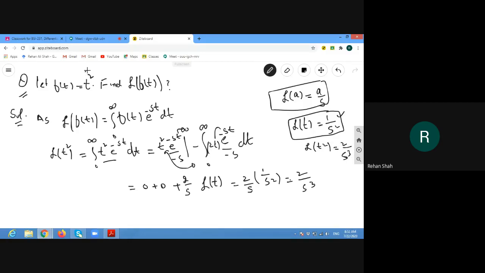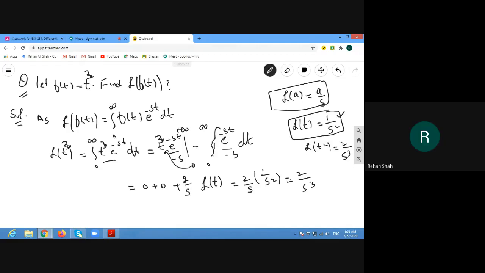If you put f of t is equal to t cube, this is t cube, this is t cube. So this will become t cube, and this will become what? 3t square.